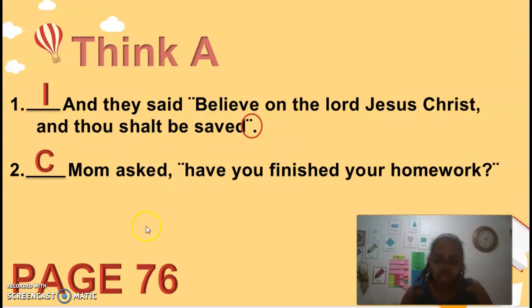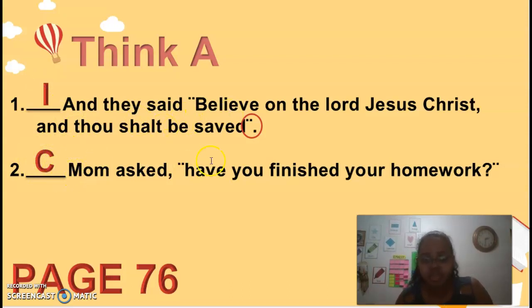So what you are going to do in this exercise is write letter I or letter C. Letter I if the sentence is incorrect, and letter C if the sentence and the quotation are in a correct way.